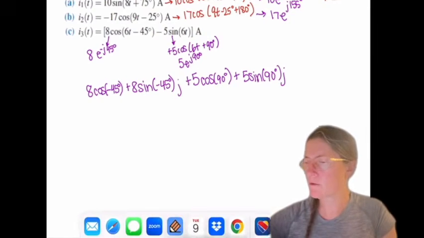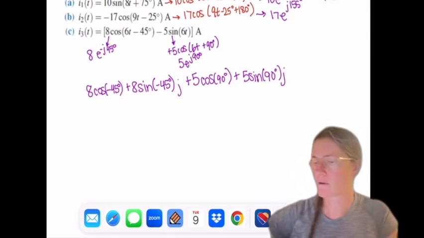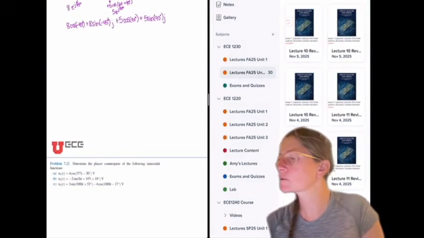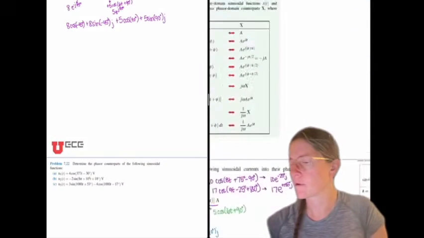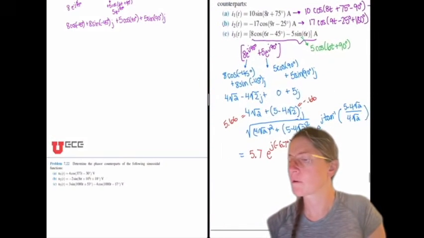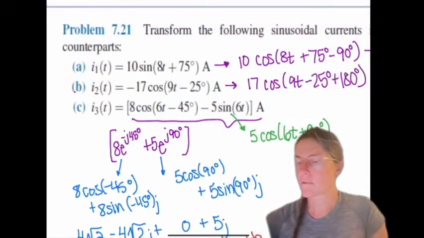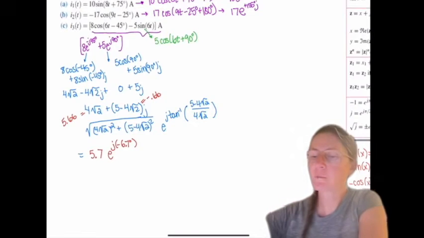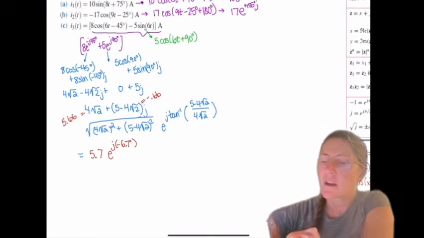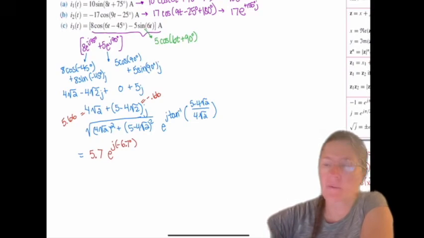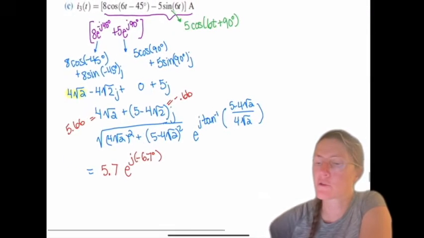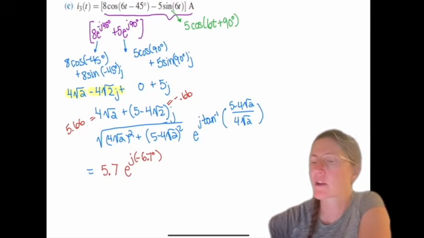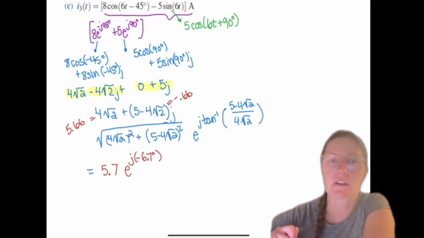So I already wrote these out. So from this one, 8 cosine minus 45 becomes 4 square root of 2, and then the sine becomes a negative 4 square root of 2 j, and then cosine of 90 is 0, and sine of 90 is 1.